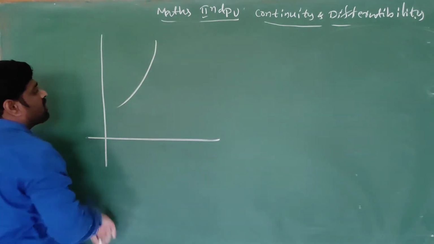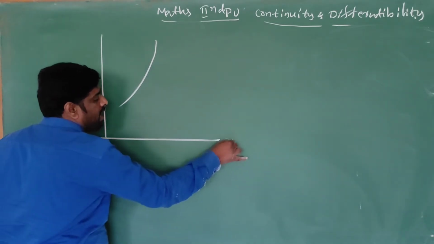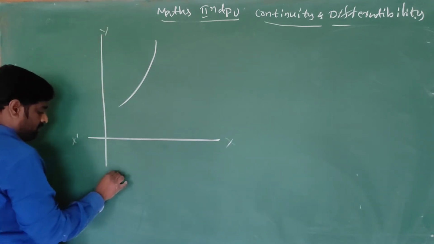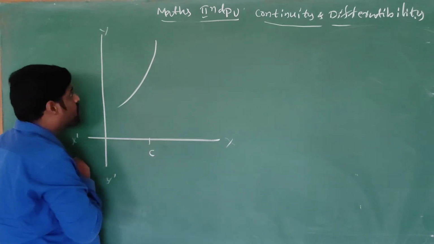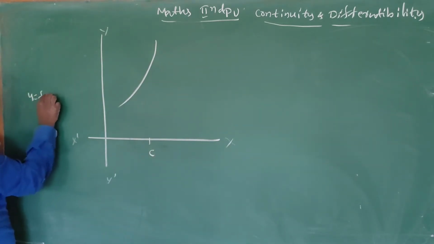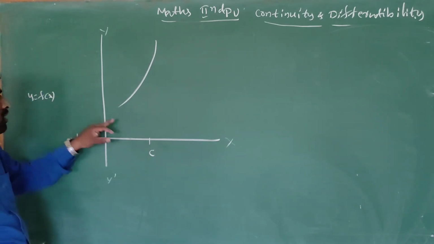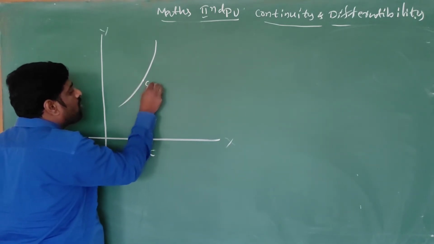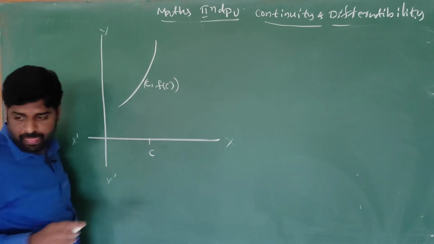This is one function. Okay. So now this is the x axis, y axis. Now this is point c. Already we know that y is equal to f of x. So here this point is c comma f of c.